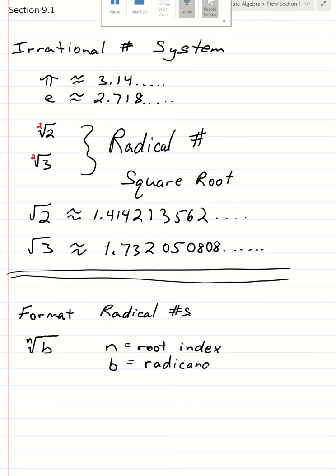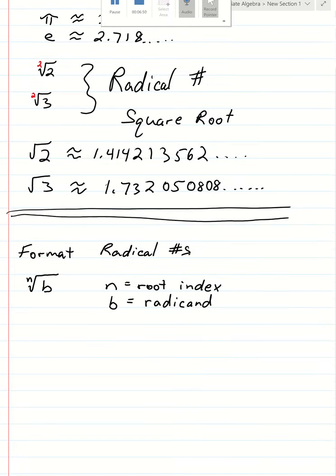Okay, so just be familiar with the terminology as we will use it throughout the lesson. You may see it in the book as well. All right, so the quantity that's underneath that square root symbol is called the radicand. The little number that you may see above the radical sign is the number that we call the root index.